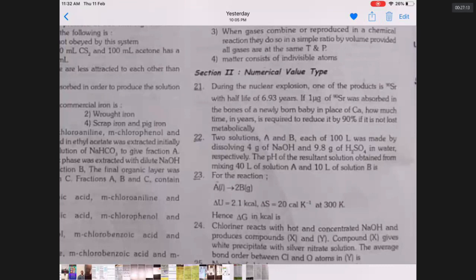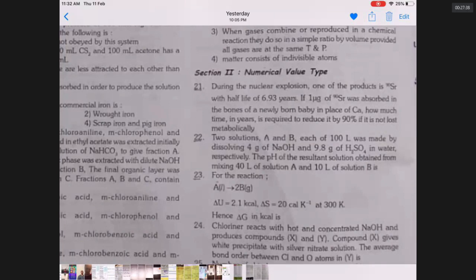Weight by equivalent weight will give me actual number of equivalents I have taken. Equivalent weight of NaOH is same as molecular weight, that is 40. Equivalent weight of H2SO4 is molecular weight by 2 because each molecule of H2SO4 gives 2 H plus. Therefore, equivalent weight of NaOH is 40, equivalent weight of H2SO4 is 49.